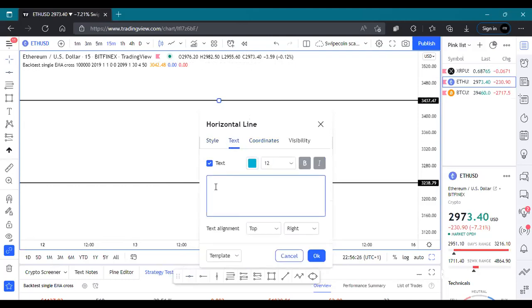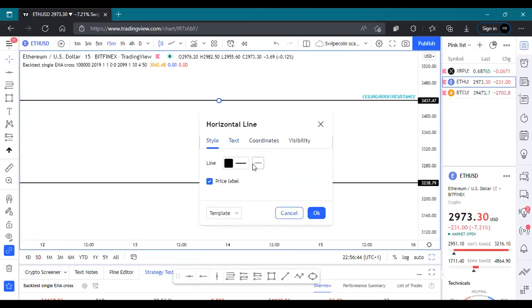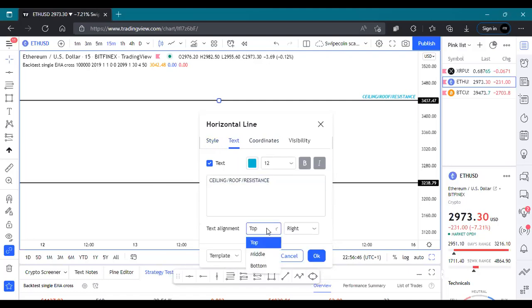Let's actually call this ceiling, or you can call it roof, or we actually call it resistance. I'm just trying to do this so that everybody understands.